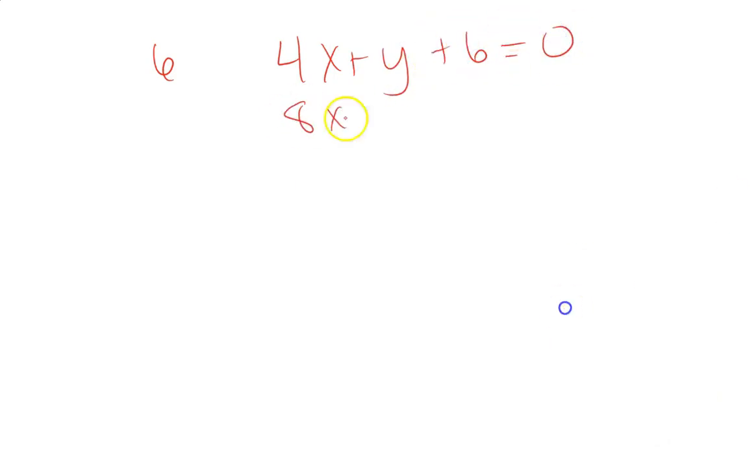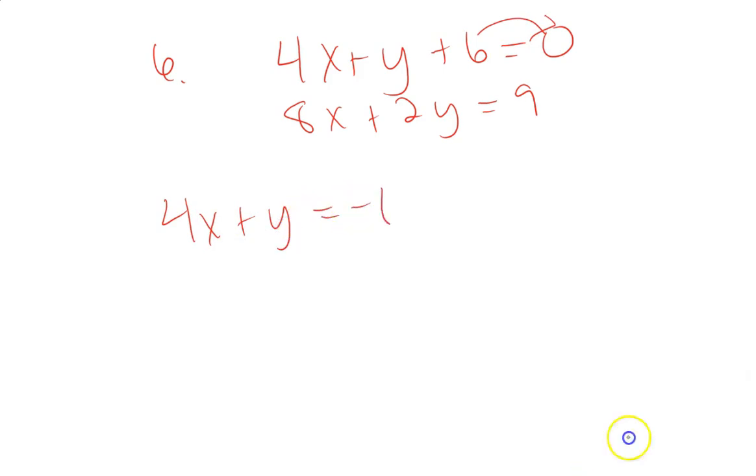So if I gave you, this is number 6. If I give you 4x plus y plus 6 equals 0 and 8x plus 2y equals 9, and I said solve this using a matrix, first you need to move this 6 over, so 4x plus y equals negative 6, 8x plus 2y equals 9.